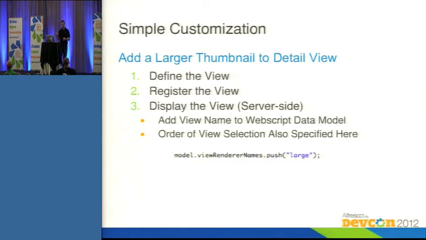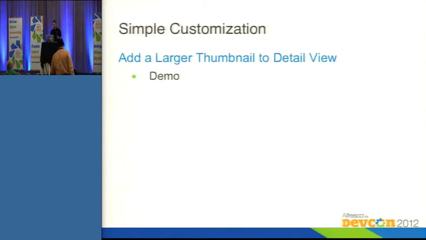And the order is important. The order is also defined here of those different view renderers. So by default, we've got simple, detailed, gallery view. In this case, we're just going to add large onto the end of that list. But you could also dictate the order here as well. So let's take a look at that view.